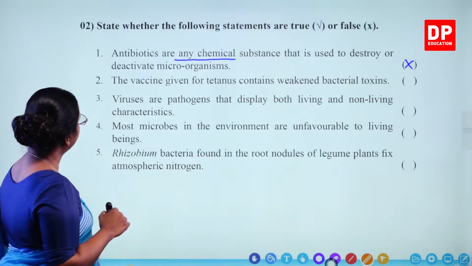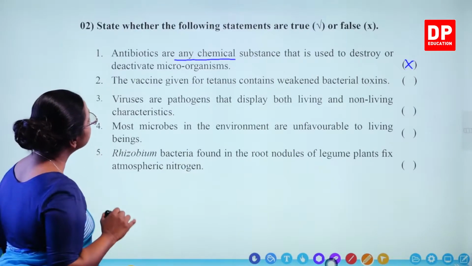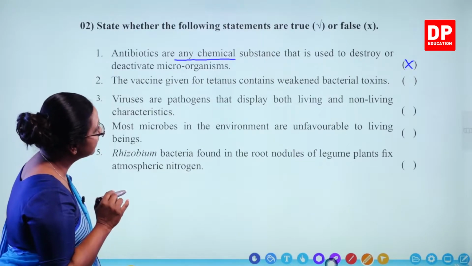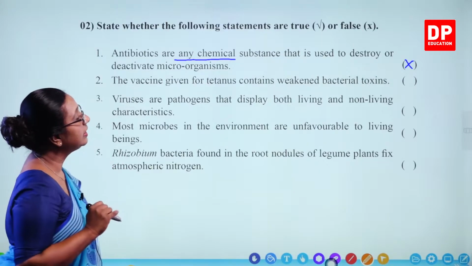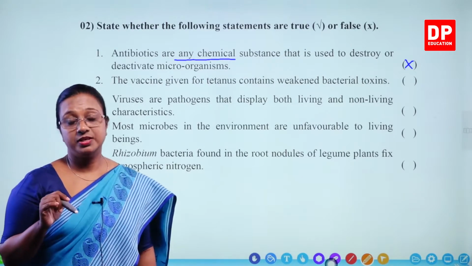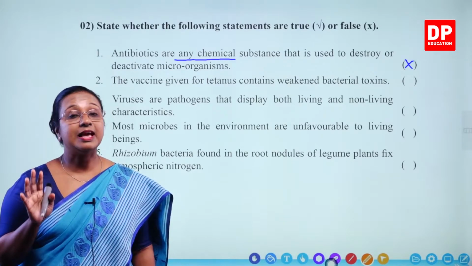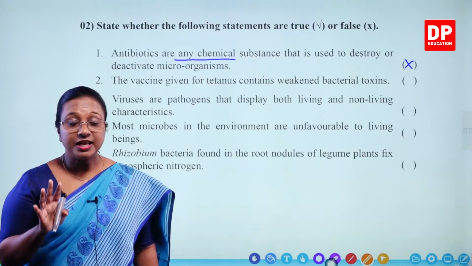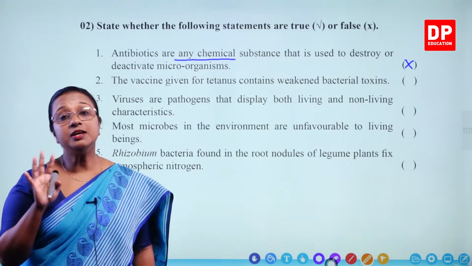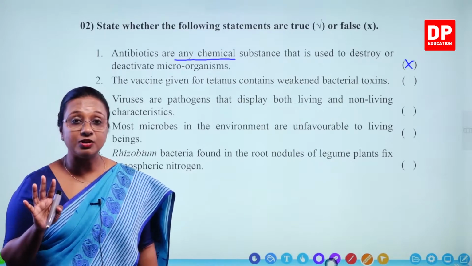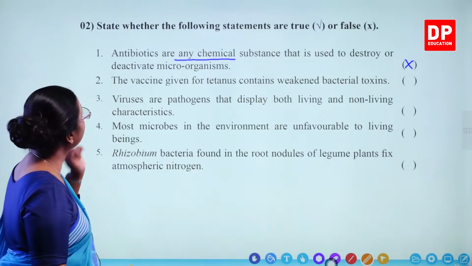Then the second one. The vaccine given for tetanus contains weakened bacterial toxins. Is that correct? That is correct. For tetanus, we use the toxin, we use antitoxin to produce the vaccine.